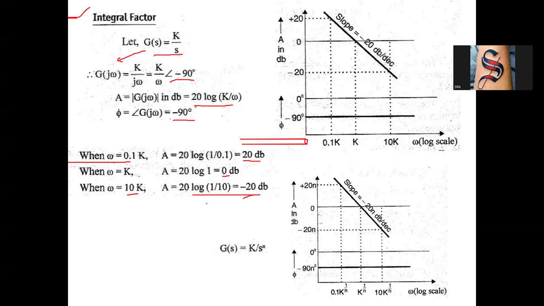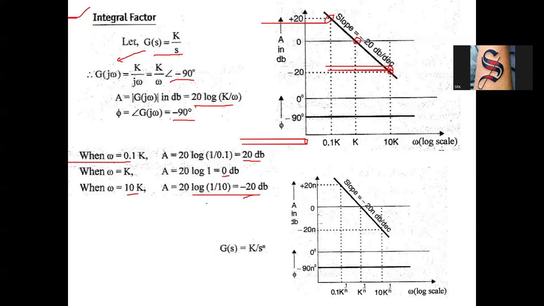If you plot this response, at 0.1k you get 20 decibels, at k you get 0 decibels, at 10k you get minus 20 decibels. If you join these points, you get the corresponding slope.